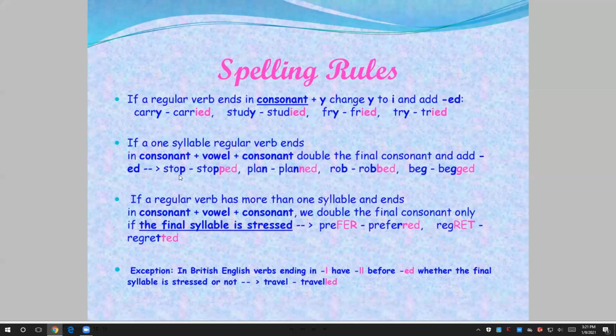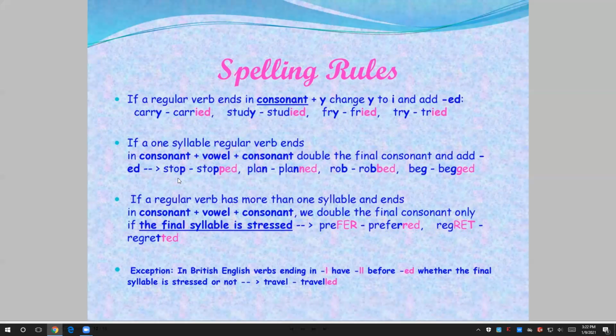If you see these verbs, they have a consonant plus vowel plus consonant: consonant t, vowel o, consonant p, and the same pattern in the others.